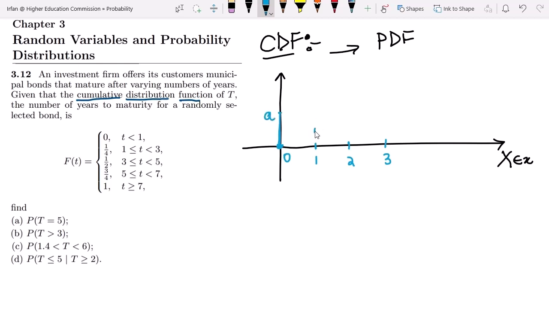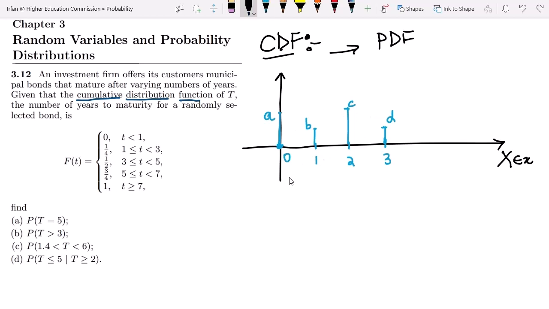Similarly the probability of x equal to 1 is equal to b. The probability of x equal to 2 is equal to c, and the probability at x equal to 3 is the remaining value. So what is this? This is the probability distribution in which each instant on the x-axis gives me the value of a random variable, while on the y-axis I have the probability of each instant. So this is the PDF we have.